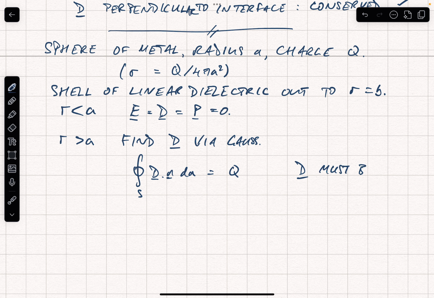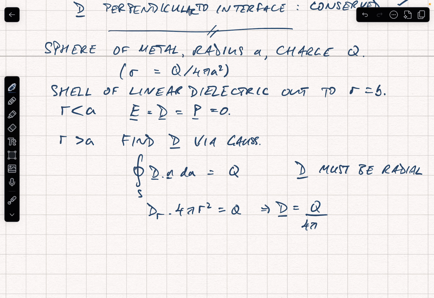That's the only direction which would obey the spherical symmetry of this system. And once again, it can't depend on the angles. And so we can pull the D outside the surface integral, and we see that D multiplied by the surface area of the sphere, 4 pi R squared, must equal Q, and therefore D can be written as Q over 4 pi R squared R hat for R greater than A.